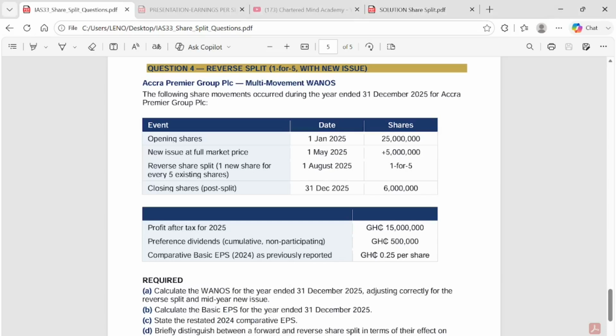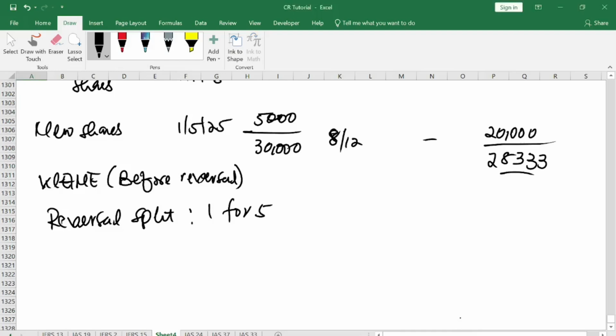One for five. So how do we reverse this? You just pick your shares, which is 28,333. Remember, we are reversing it.